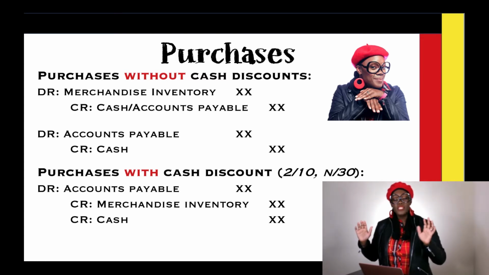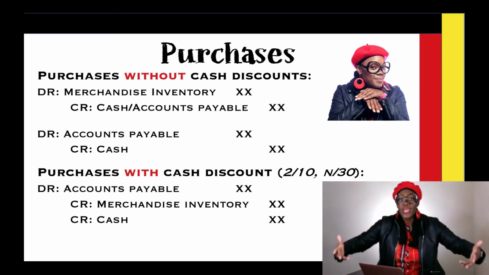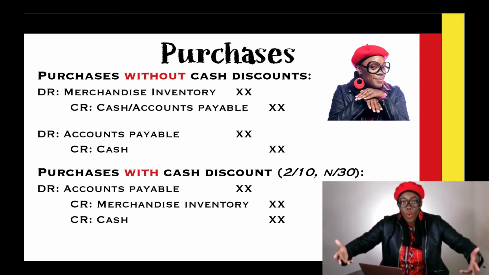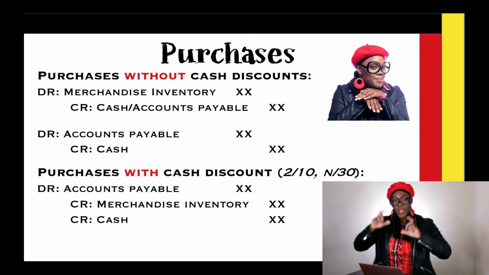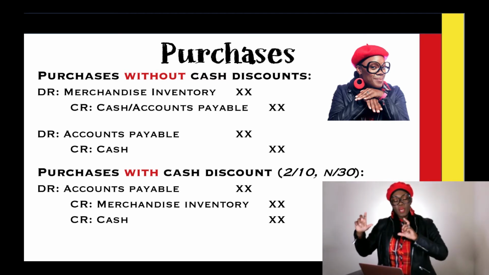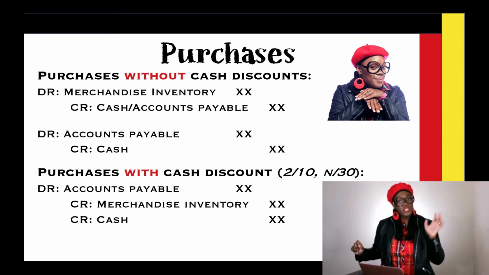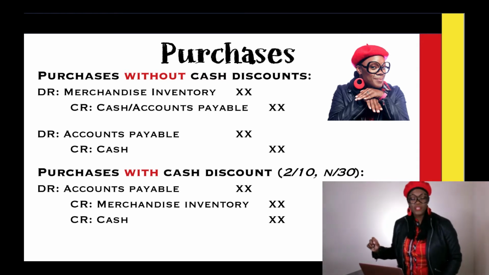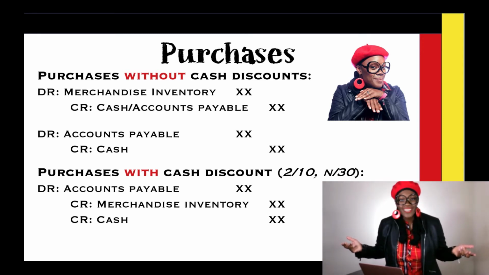So instead of having to pay the full amount of the payable, the money we owe, we get to discount that. So we split our cash amount, and then we credit merchandise inventory, which is representative of that discount. So it's always encouraged that you take full advantage of any discounts that are available to you because, who doesn't like to save money, right?